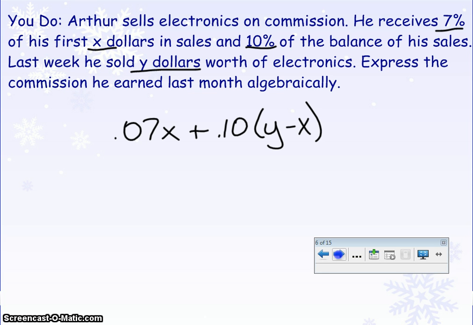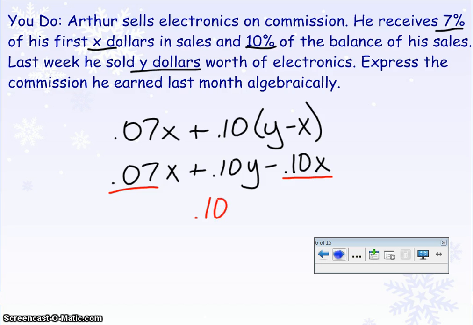When I distribute it out, I get 0.07x plus 0.10y minus 0.10x. When I combine my like terms, I end up with 0.10y minus 0.03x, and there we have it algebraically.